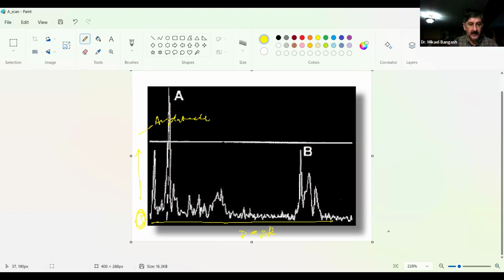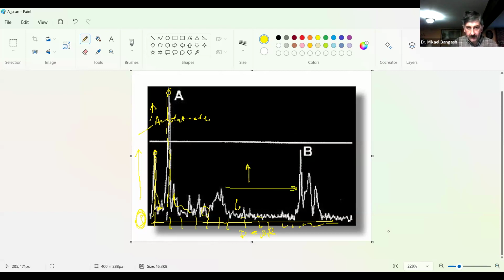So what do we see here? A big spike, and then some smaller spikes. Then we have a very big spike, and then some relatively smaller spikes, and so on. The bigger the spike, the greater the amplitude. The smaller the spike, the lower the amplitude. Whereas as we go from here like this, this direction means we are having an increasing depth.